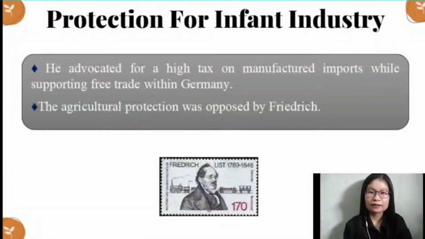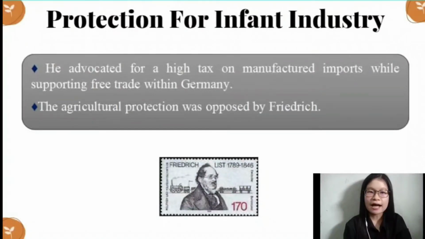Next is the part on protection for infant industry. Friedrich List supported free trade within Germany while advocating for a high tariff on manufactured imports to safeguard newly developing domestic industries. The infant industry argument for tariffs is now a well-known viewpoint. Besides, there are three reasons why agricultural protection was opposed.